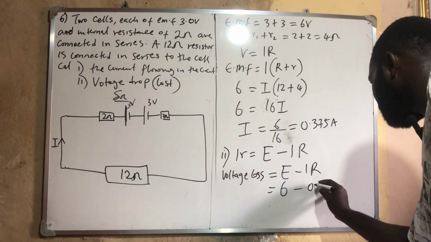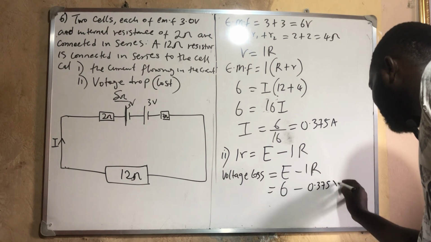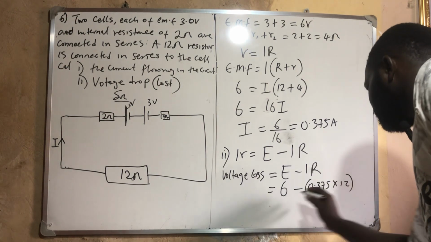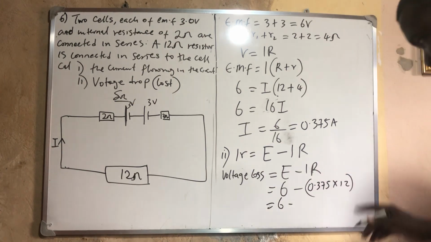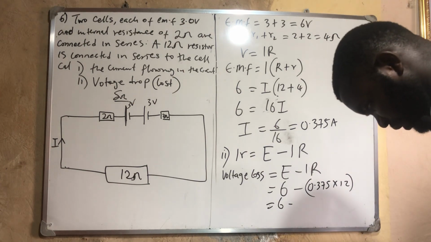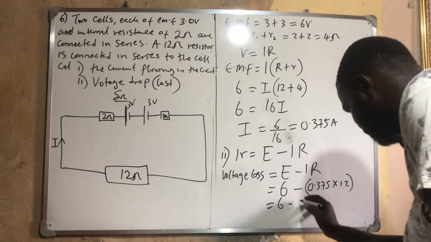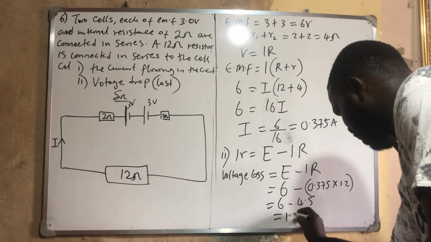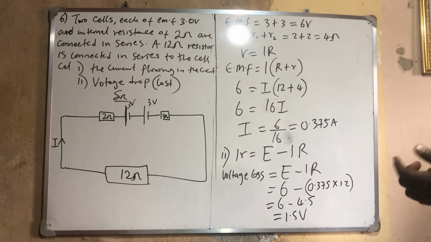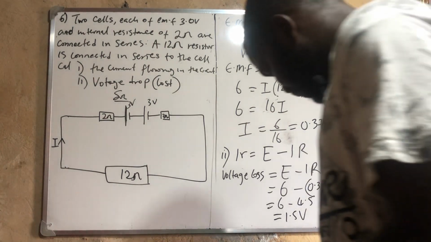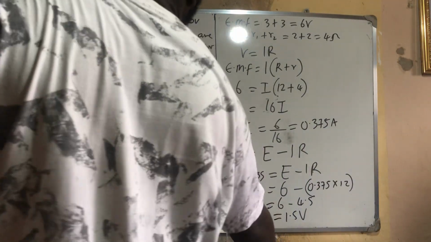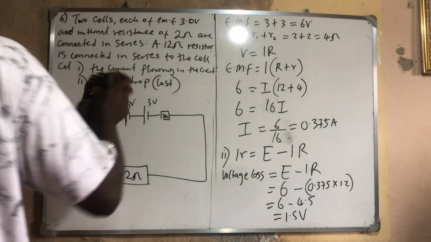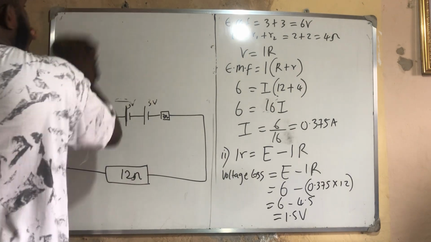So 0.375 times 12 is 4.5. If you subtract that from 6, you're going to have 1.5 volts. So that is your voltage loss, 1.5 volts. Okay, so that is that for that.